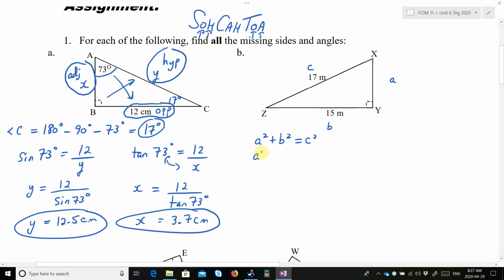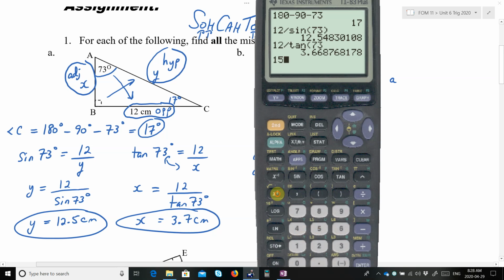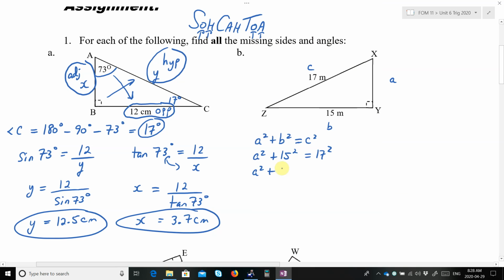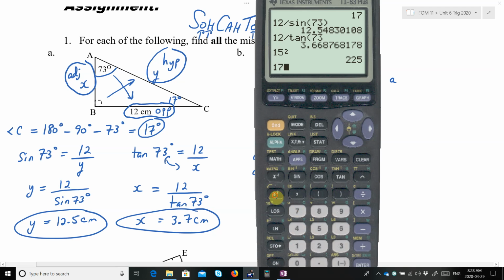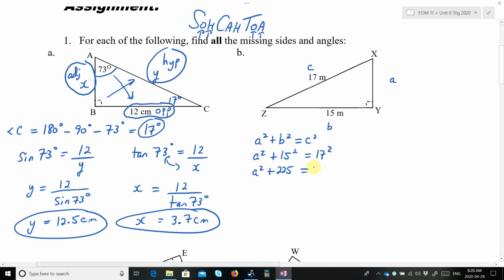And so we would have A squared plus 15 squared equals 17 squared. Pretty sure 15 squared is 225, and I think 17 squared is 289.